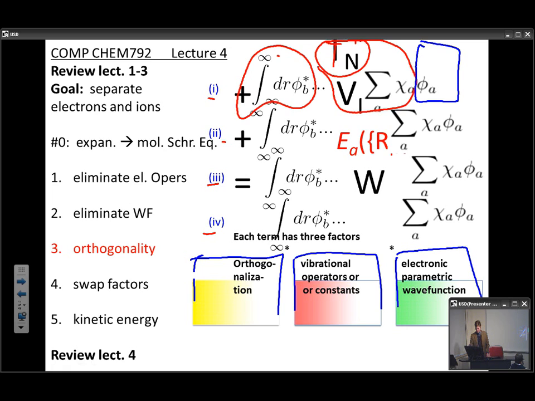And our 4 terms, just refreshing my own memory, are the kinetic energy of ions, the Coulomb interaction between ions, then the eigenenergy of the electronic part, and then the eigenenergy of the whole molecule, this molecular eigenenergy. And for each term, we are doing the integration.